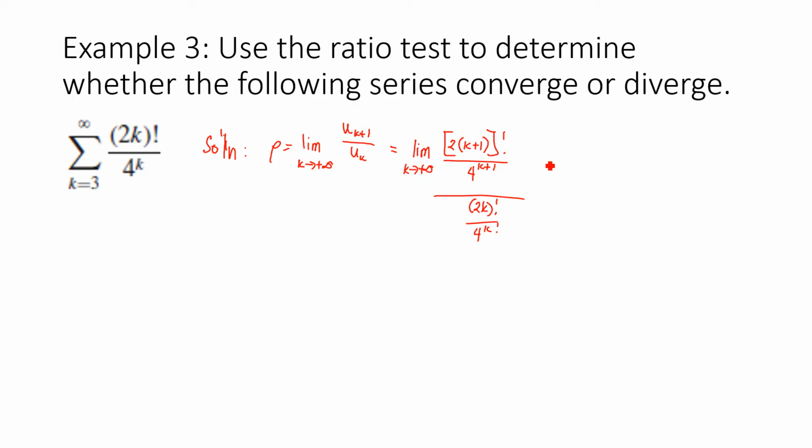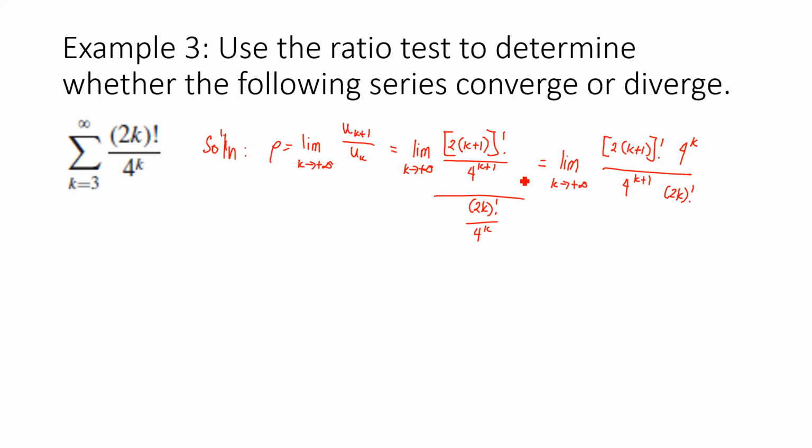So in this case, using the reciprocal, you have the limit of the quantity 2 times the quantity k plus 1 factorial times 4 raised to k over 4 raised to k plus 1 times the quantity 2k factorial, as k approaches positive infinity.